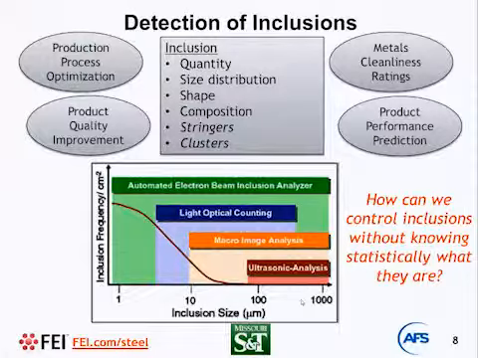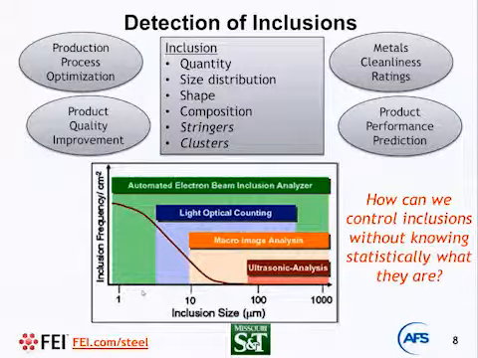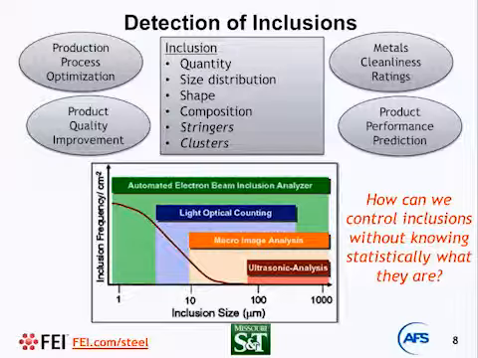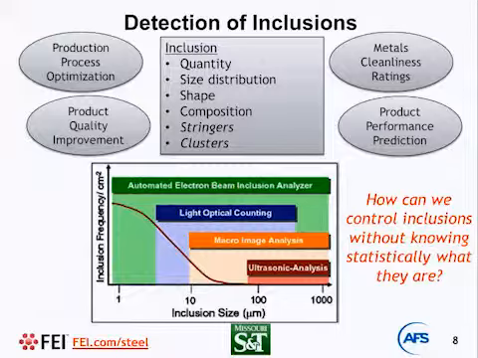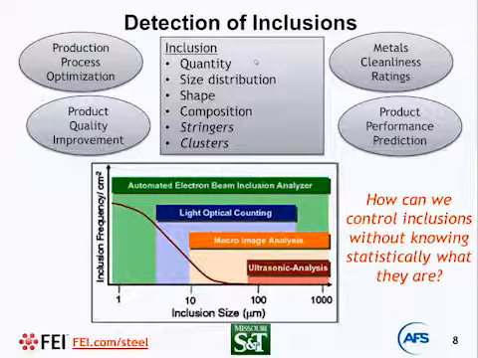So what we really need to get is the size and distribution, the quantity, and the shape of inclusions. Traditionally, these other methods do not provide the composition of inclusions, and without knowing the composition and the size and everything else, it's really hard to control the inclusions.